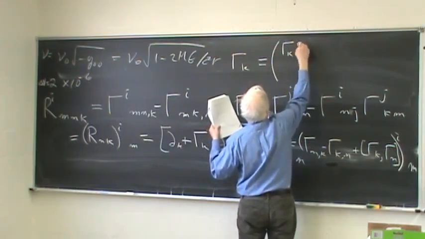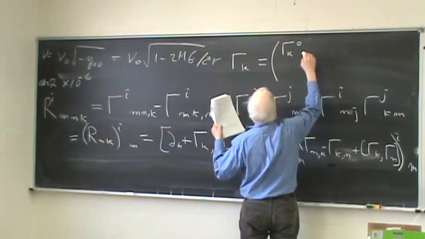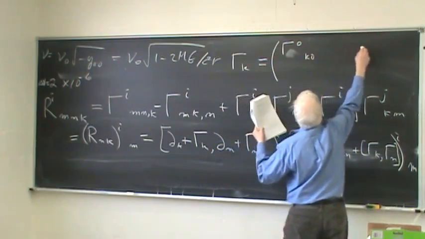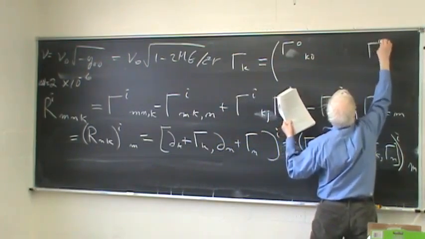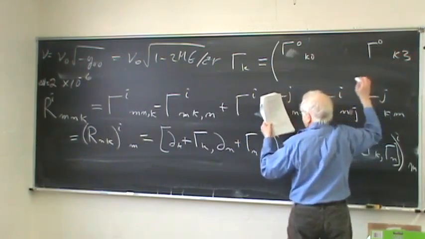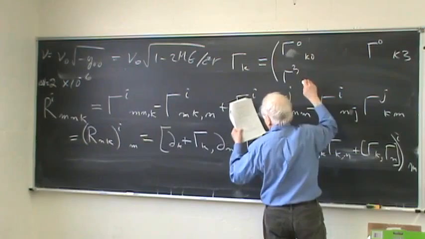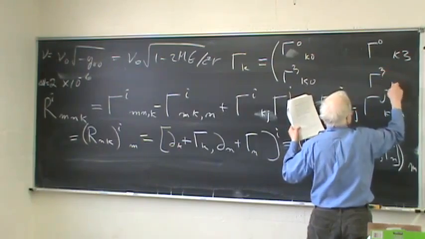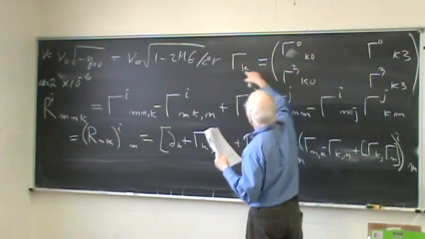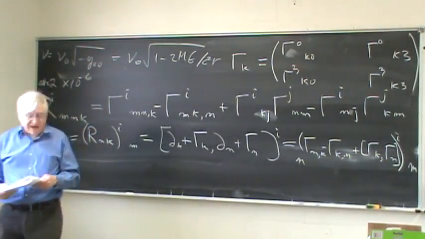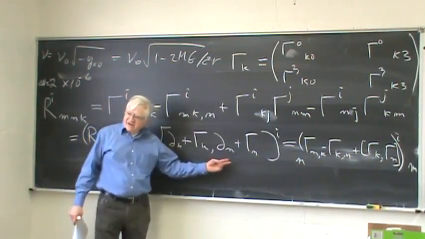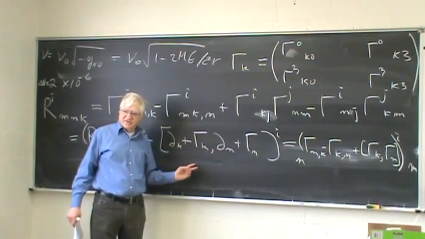It's gamma K0 over here, gamma 0, K3, down here it will be gamma 3, K0, and then over here it's going to be gamma 3, K3, where the K is this K. Okay, so that's writing it in matrix form, and this looks very much like the Faraday tensor, the Yang-Mills generalization of the Faraday tensor.